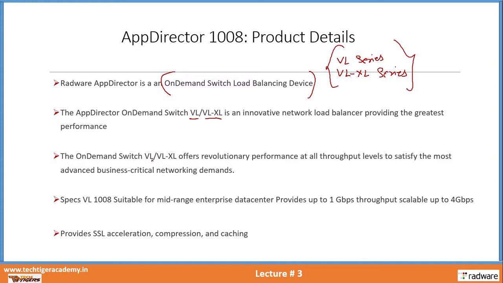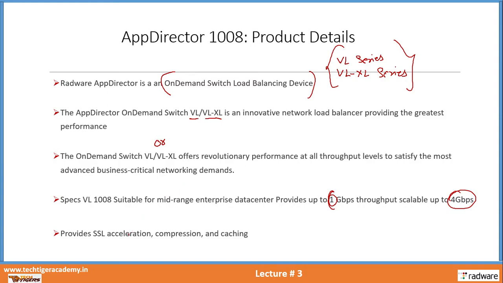The on-demand switch, either VL or VL-XL, offers revolutionary performance at all throughput levels to satisfy the most advanced business critical networking demands. The 1008 is suitable for mid-range enterprise data centers, and it can provide throughput of 1 Gbps up to 4 Gbps, depending on the different models. We will talk about the different models which are available: 108, 208, 508, 1008, 2008, and all that.